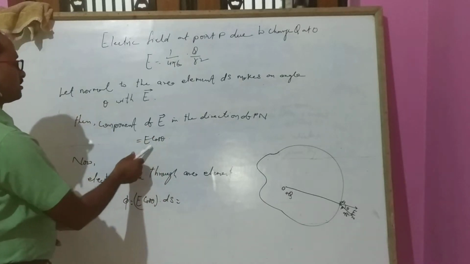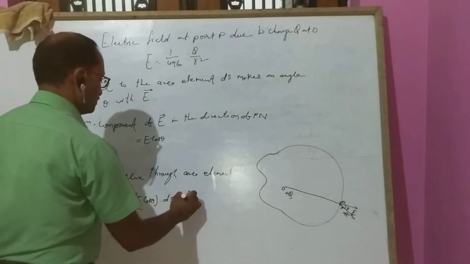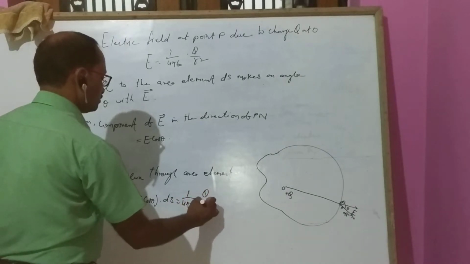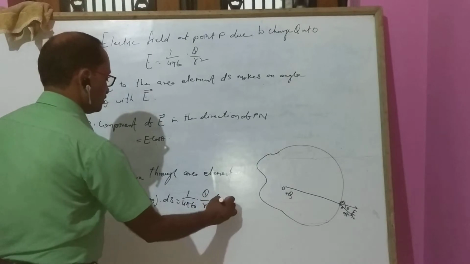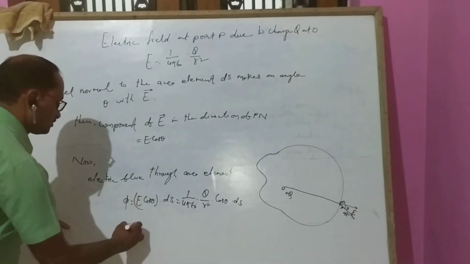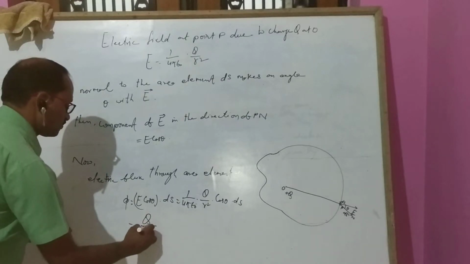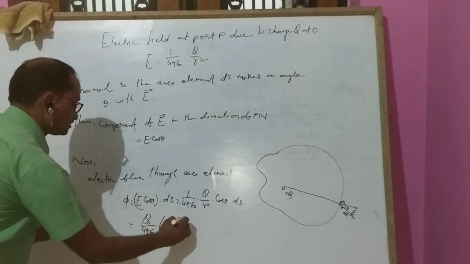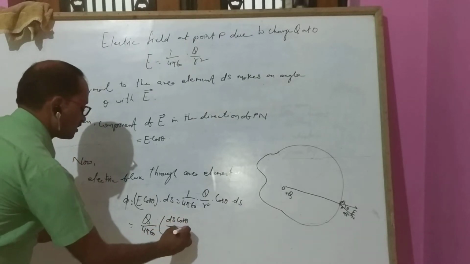Now I will put in the value of E: 1 by 4 pi epsilon naught Q by r square cos theta into dS. Now I will arrange all this: Q by 4 pi epsilon naught, dS cos theta by r square.